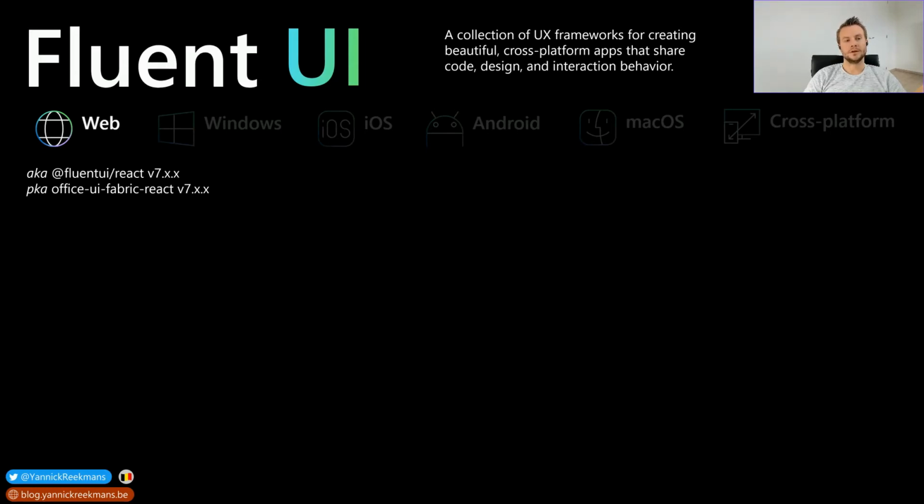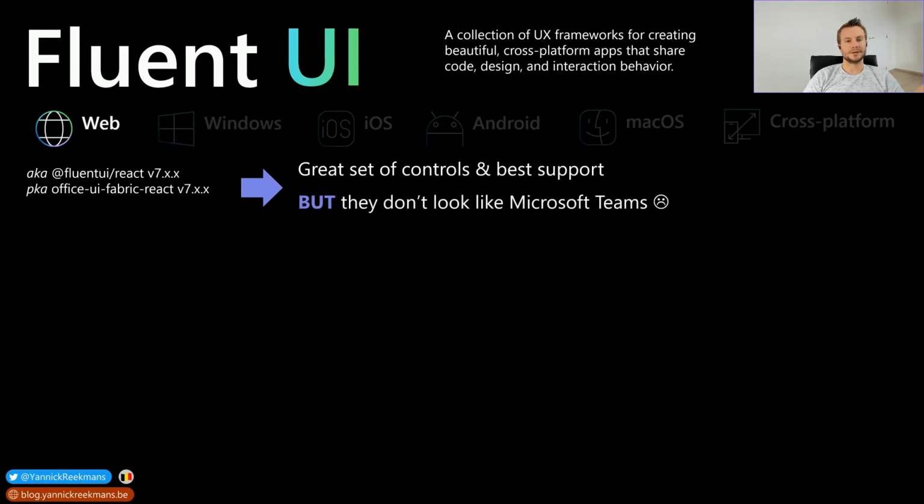And this is basically the UX framework that has a great set of controls and has the best support that's available for controls that look and feel like they belong in Office 365. There's only one problem. They don't really look like they belong in Microsoft Teams, which is maybe a bit of a problem when you're actually wanting to build an application for Microsoft Teams.